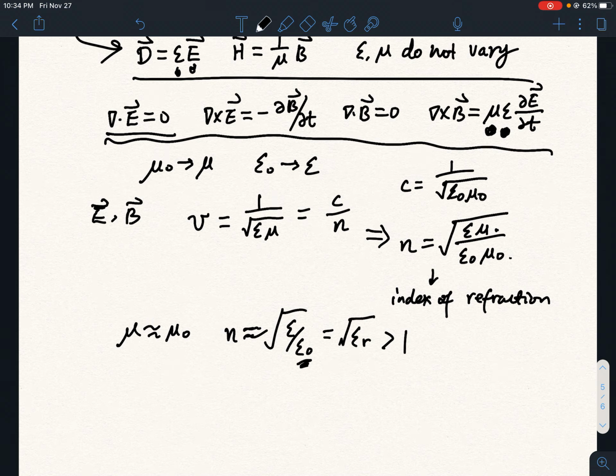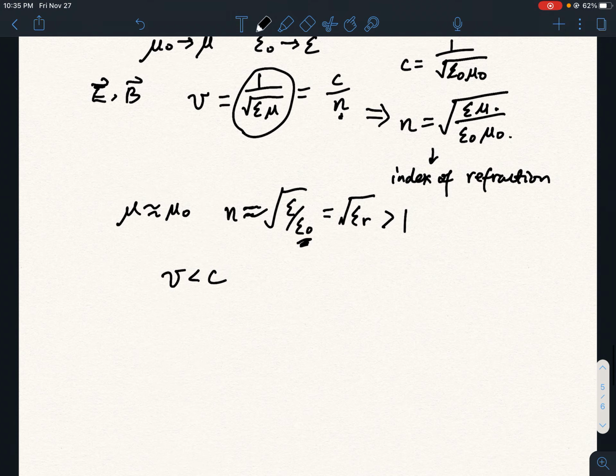Because n is greater than 1, that means v is less than c. So if electromagnetic waves, light, travel inside matter, they only travel with a speed determined by this, and it is often lower than the speed of light.